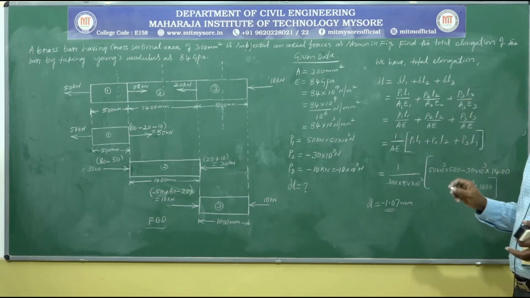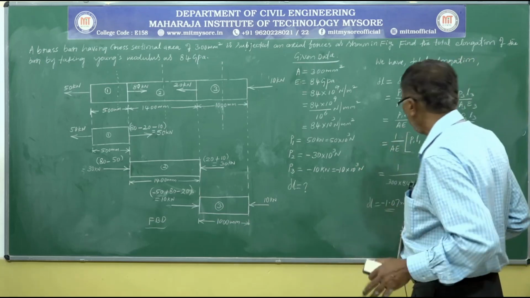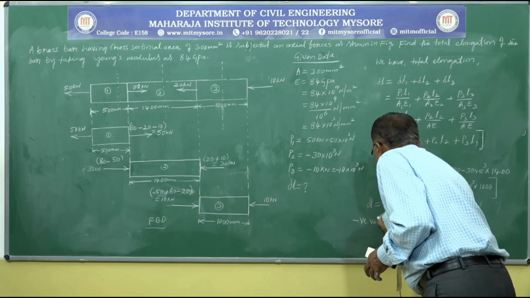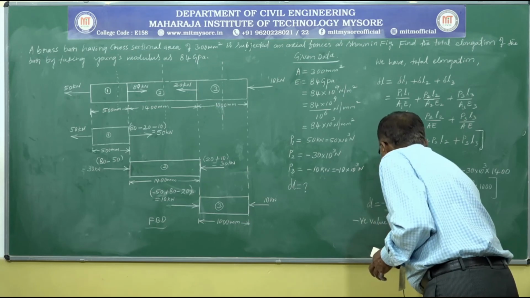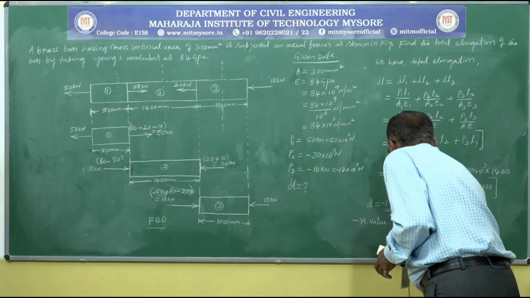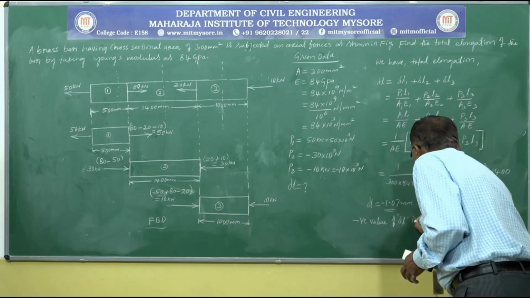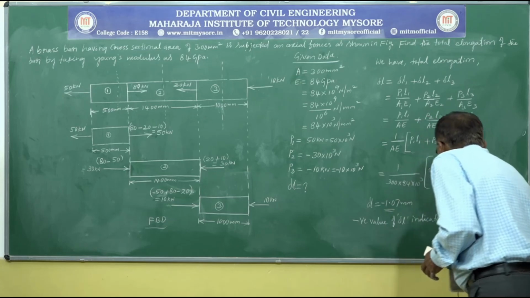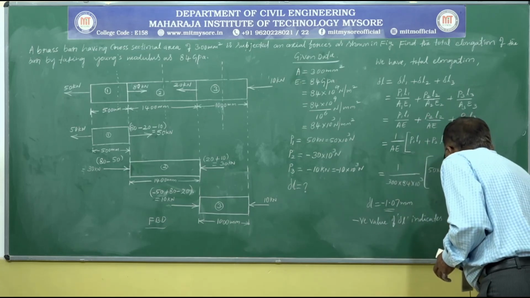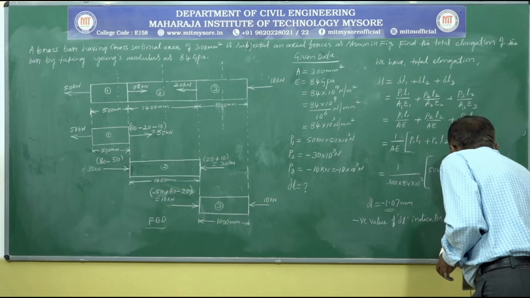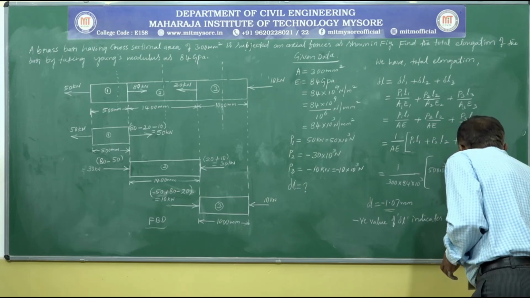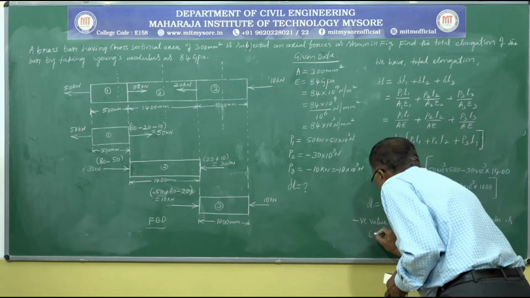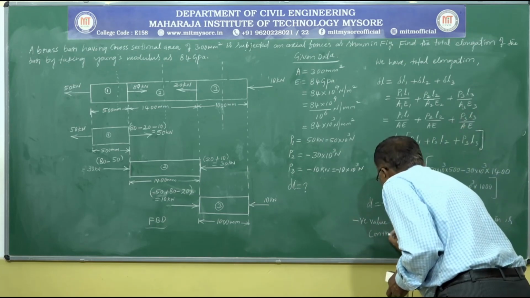This negative value of delta L indicates that the change in length is a contraction.